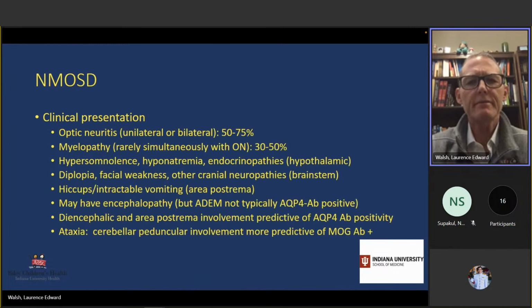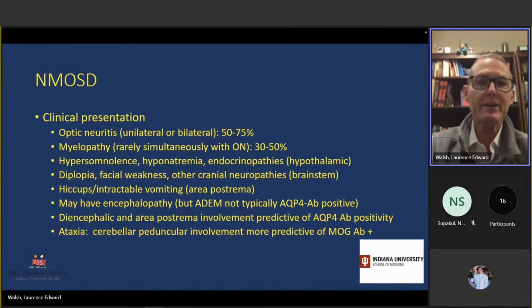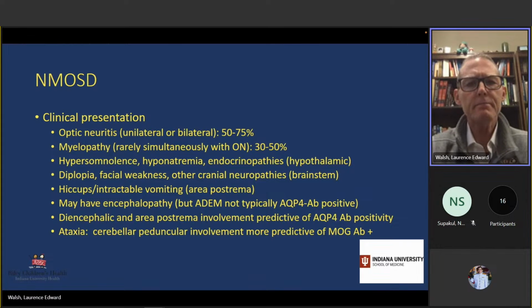How does this present? Well, it either presents with optic neuritis, unsurprisingly, or myelopathy, although they actually don't present together a lot of times. If they have a diencephalic syndrome, the kids are excessively sleepy. They have endocrine abnormalities, including hyponatremia, SIADH, and personality changes, behavioral changes. If they have area postrema, Dr. Wu talked about that already.